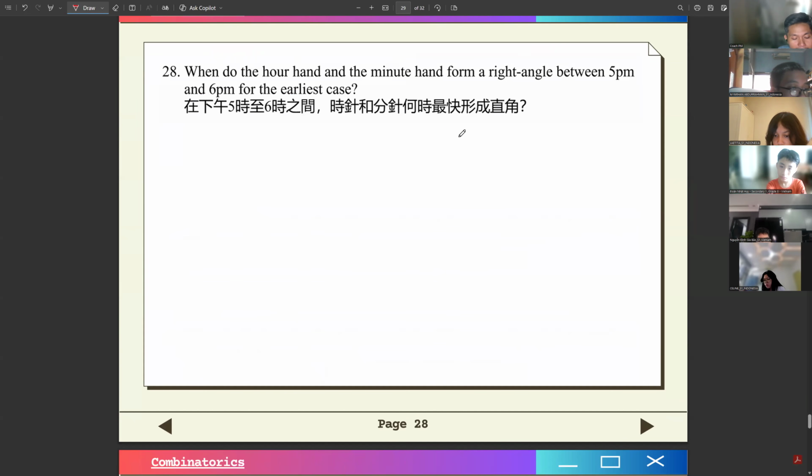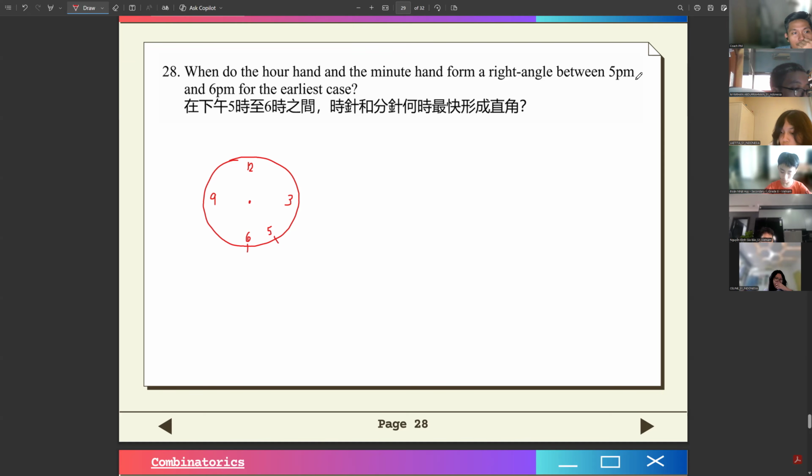When do the hour hand and the minute hand form a right angle between 5 p.m. and 6 p.m. for the earliest case? Okay, so let's try to illustrate the problem. This is your clock. This is 12, 6, 3, 9. So your 5 is around here, no?